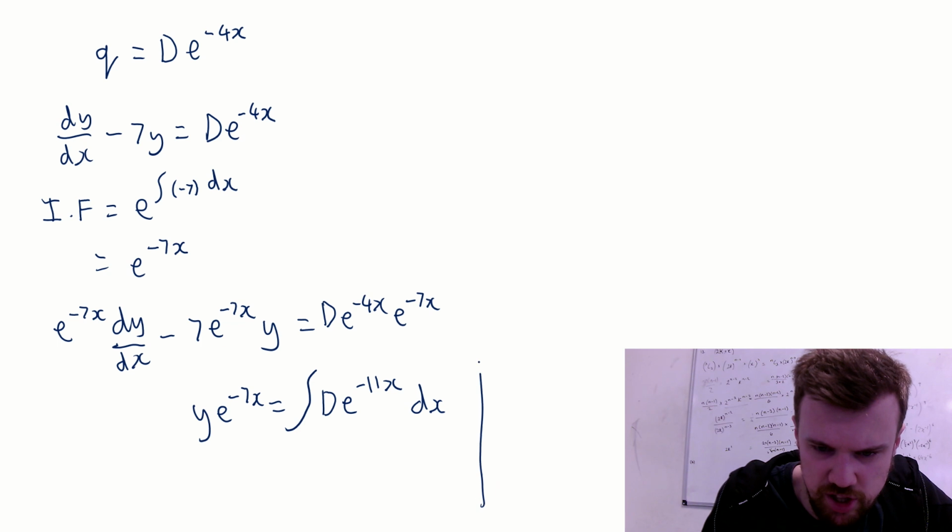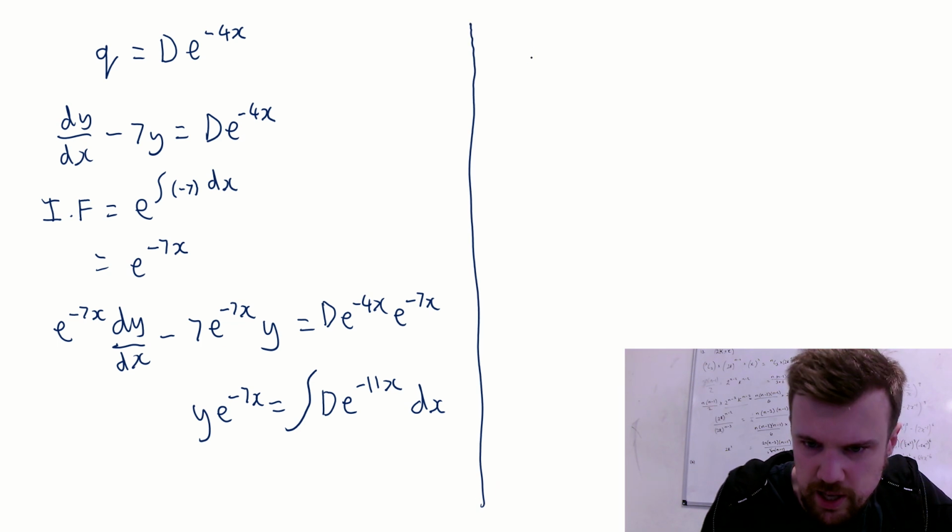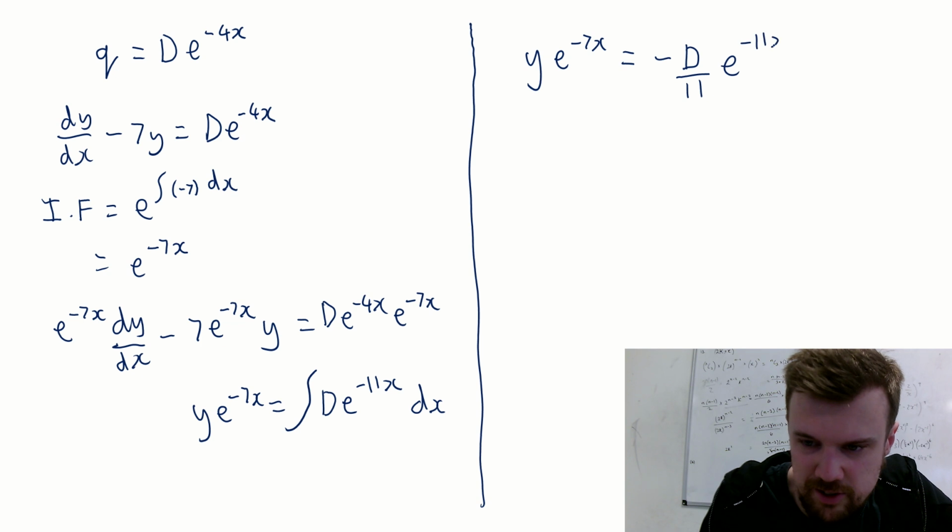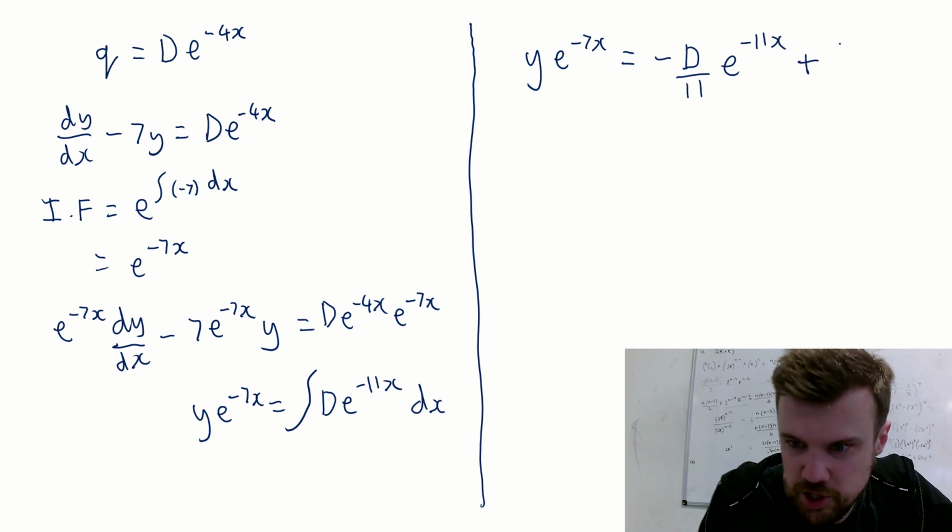So if I integrate the right side, the left is still the same, but the right is minus d over 11 lots of e to the minus 11x plus a new integration constant because we've integrated a second time here. So we'll write plus b.